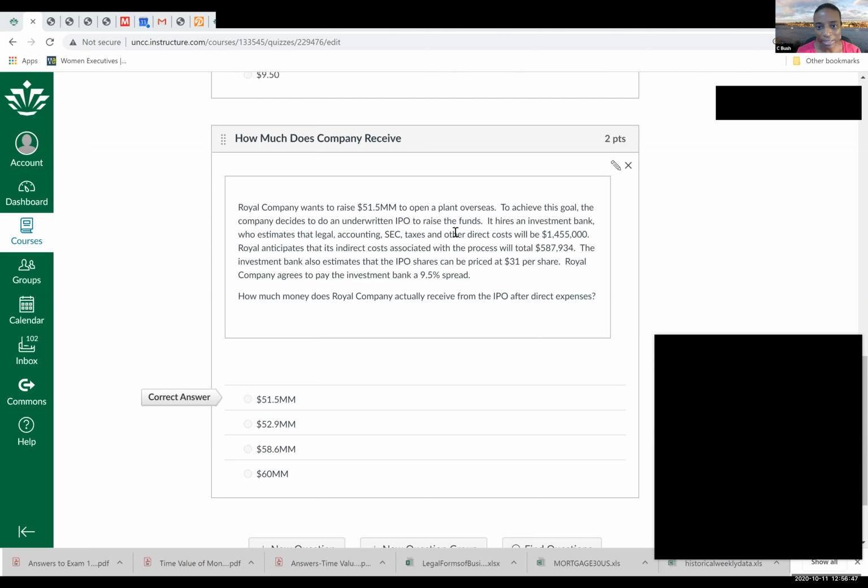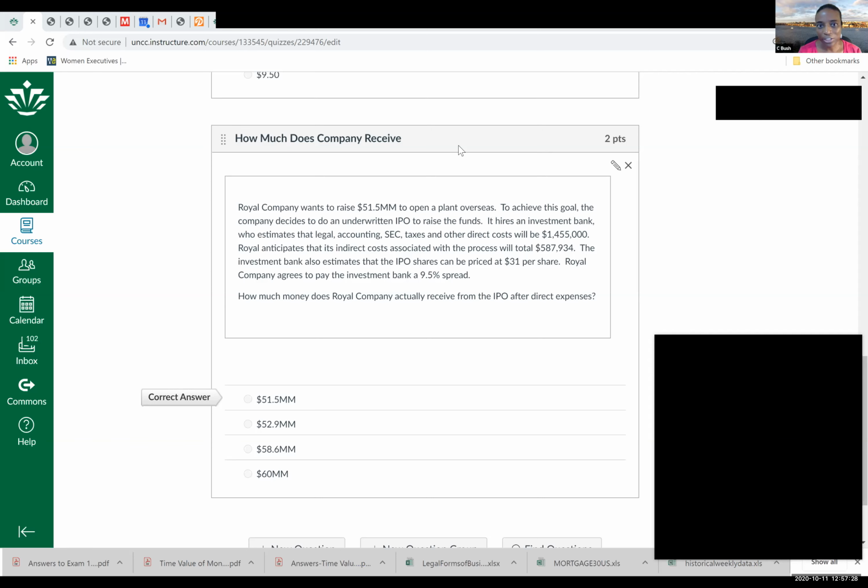It hires an investment bank who estimates that legal, accounting, SEC, taxes, and other direct costs will be $1,455,000. Royal anticipates that its indirect costs associated with the process will be $587,934. The investment bank also estimates that the IPO shares can be priced at $31 per share. Royal agrees to pay the investment bank a spread of 9.5%. How much money does Royal Company actually receive from the IPO after direct expenses?